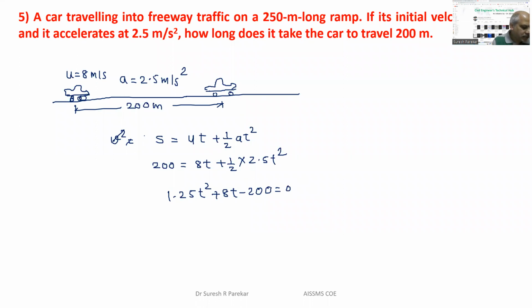From this, we will get the value of T. With 1.25, 8 and minus 200, it will take 9.85 seconds. If you have to find the final velocity, V equal to U plus AT, where the time of travel is 9.85 seconds.